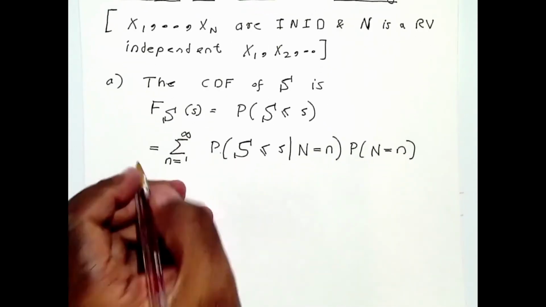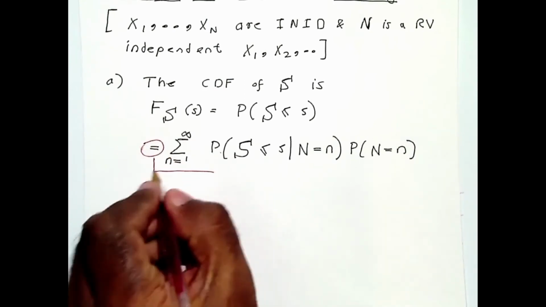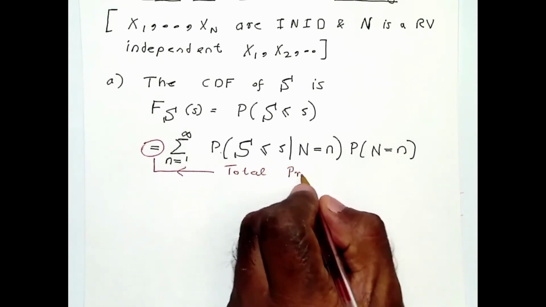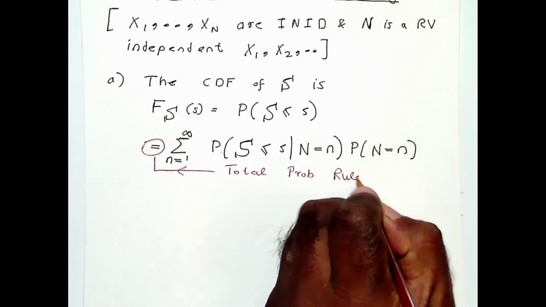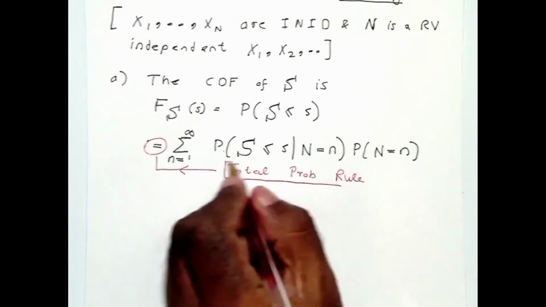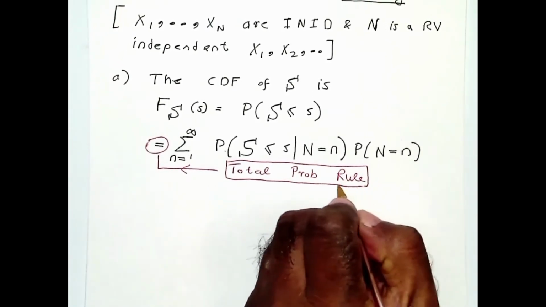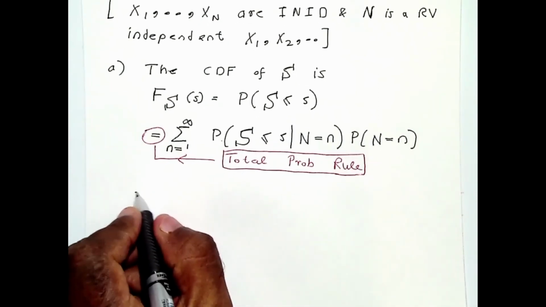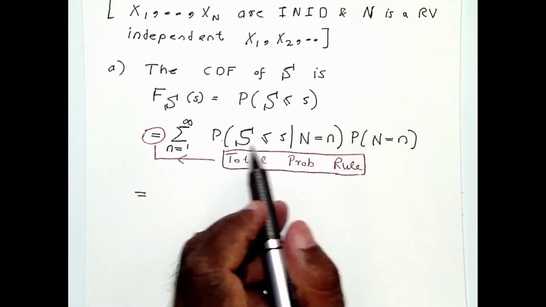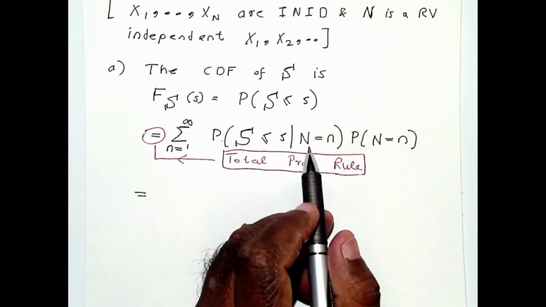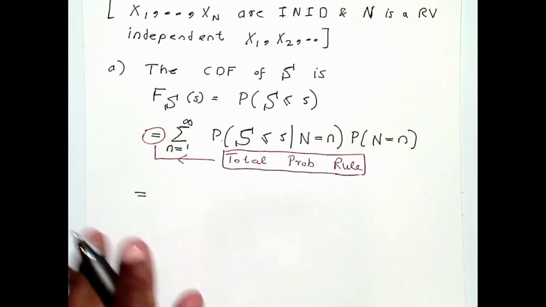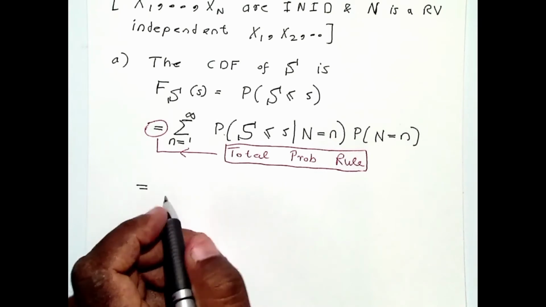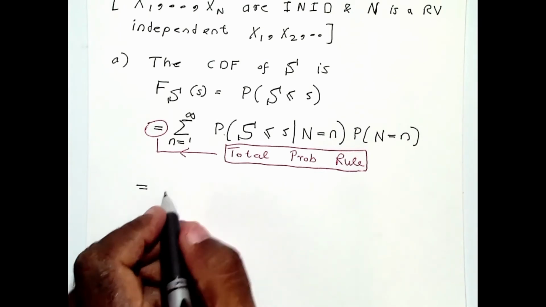So this is the total probability rule. Now, in the next line, because this is a conditional probability of S given that capital N is a fixed number, we can use the result of case 3. Remember, in case 3, the number of investments was fixed.